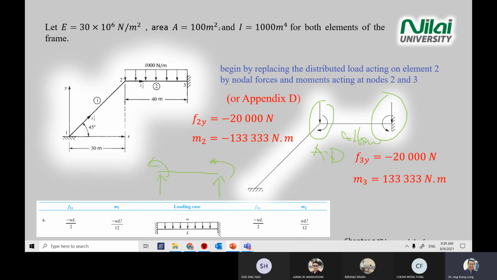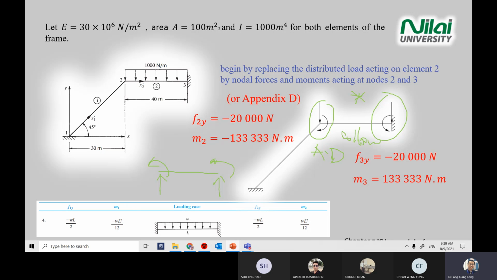Okay, this one, you follow, then you can continue to use the negative sign that you calculate in the previous steps. Okay, take note. This one, follow Appendix D. Don't follow my slides, okay? This diagram is a little bit wrong. This diagram is a bit wrong.